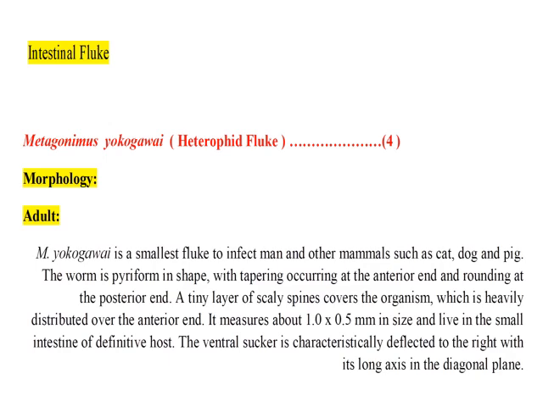This parasite can live in the small intestine, as we mentioned before, of the definitive host, we mean human and other mammals, and can be found within its GI, at the villi. Now, the ventral sucker is characteristically deflected to the right, with its long axis in the diagonal plane.